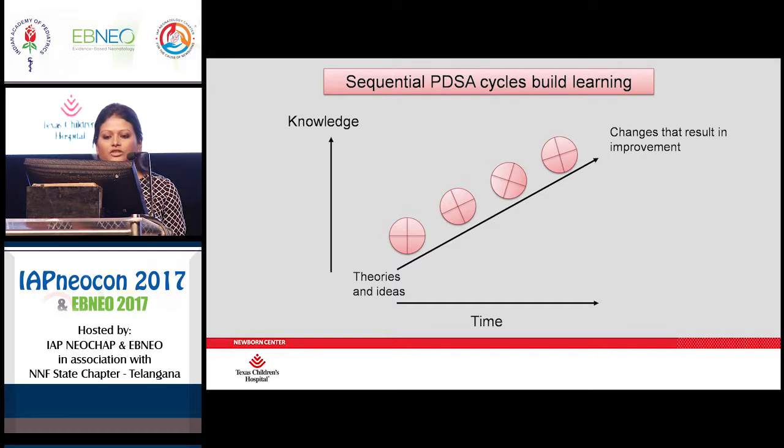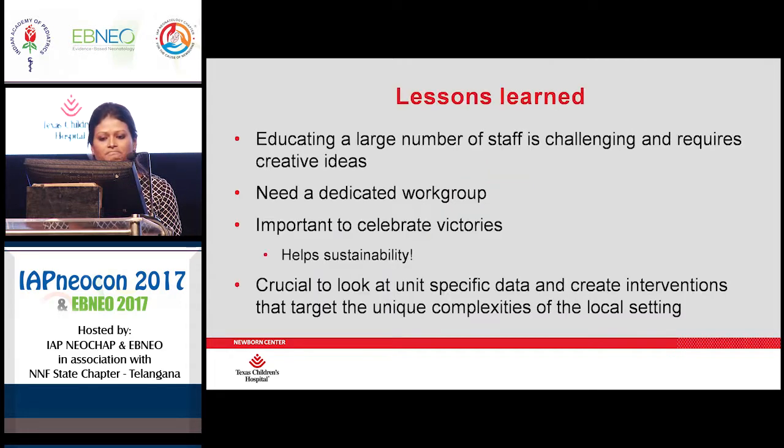So our team used sequential PDSA cycles, which helped us develop knowledge over time and led to significant improvement for our babies. So the lessons learned here are that educating a large number of staff is challenging and requires a lot of creative ideas. And you need a dedicated work group, not just random people assigned to it. And it's important to celebrate victories.